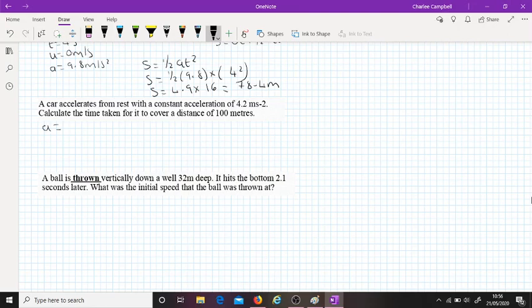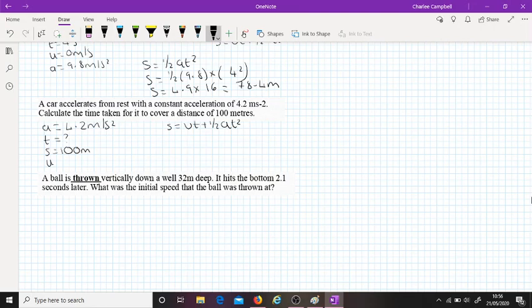Acceleration for this one is 4.2 meters per second squared. Calculate the time, so we don't know that, and we know that it covers a distance of 100 meters. So again, we'll do our s equals ut plus a half at squared. We've got a, we don't know t.